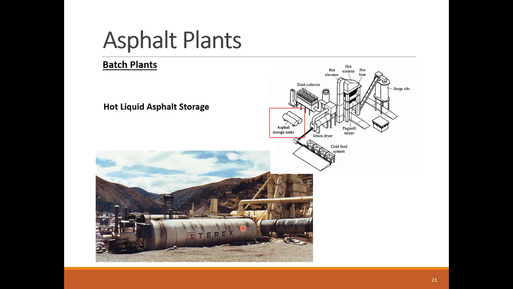Typically, the storage temperature is kept to 275 degrees Fahrenheit for soft asphalts like PG, Performance Grade, 52-34, and 330 degrees Fahrenheit for hard asphalts, like PG 70-22.